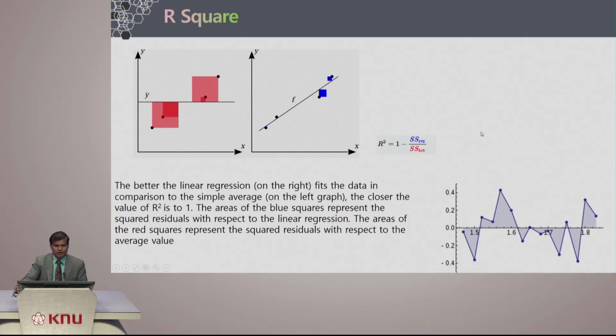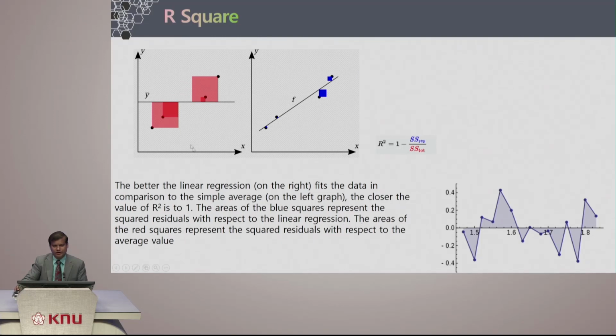With respect to R square, the better linear regression, as you can see here, is the line that fits the data in comparison to the simple average. So actually we are talking about these two things here. If you look closer, the value of R square is 1. The areas of the blue squares here represent the squared residual with respect to the linear equation.